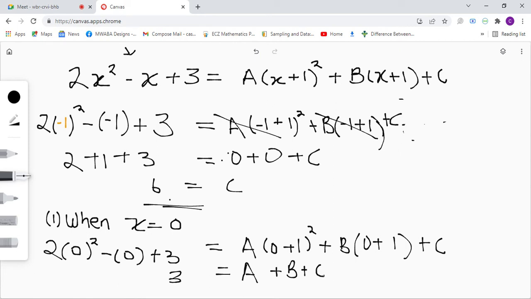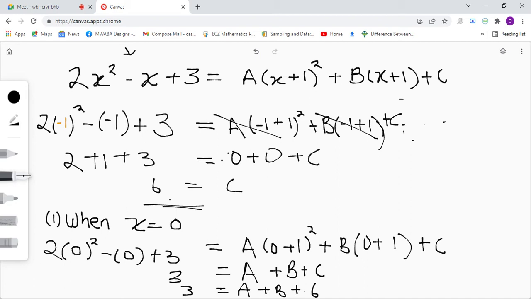We already have our value of C, so let's substitute 6 for C in this expression. So we're going to have 3 equals A plus B plus 6.